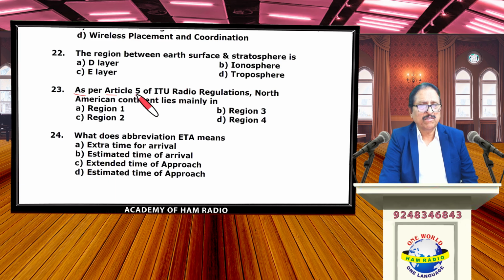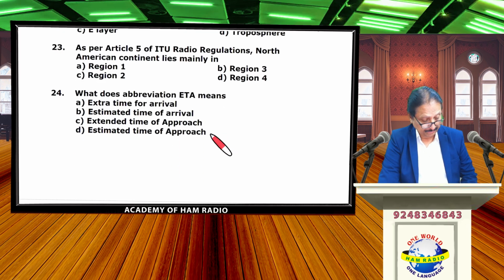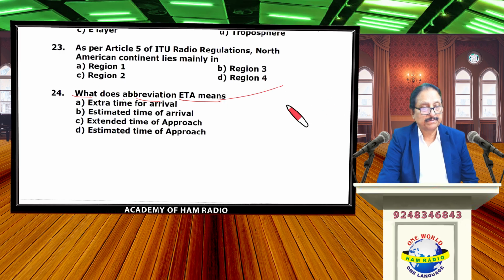As per Article 5 of ITU radio regulations, International Telecommunication Union radio regulations, North American continent lies mainly in region 2. Charlie is the right option. What does abbreviation ETA mean?